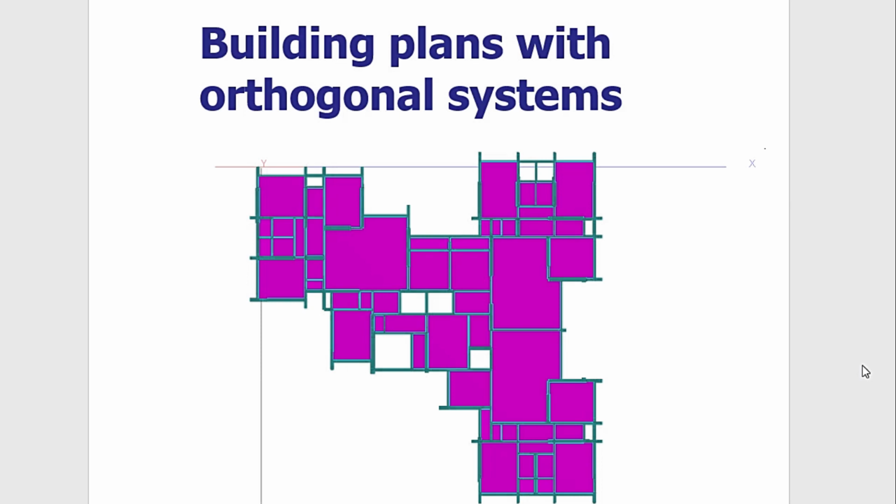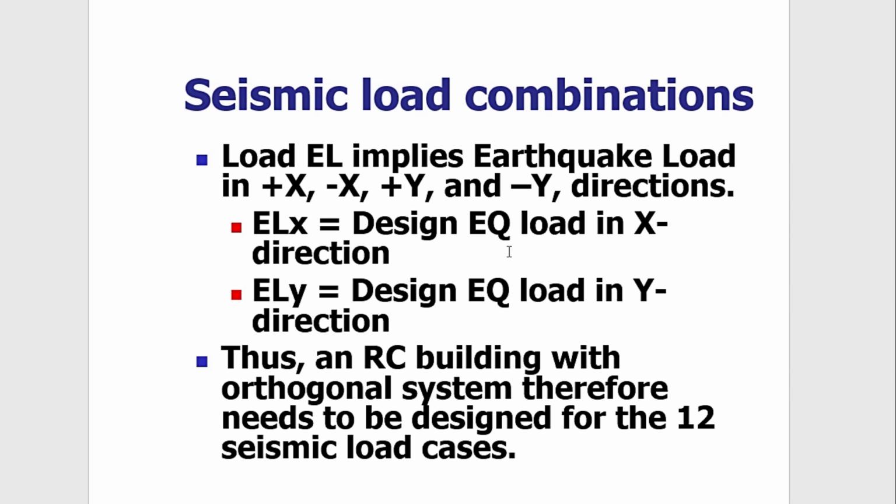So in such situation, the combinations will have earthquake X combination and earthquake Y combination. So that need to be considered in plus X direction and minus X direction, plus Y direction and minus Y direction.